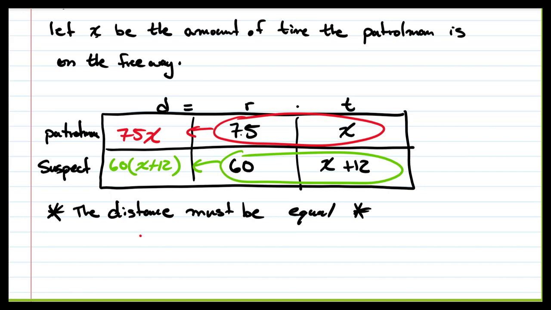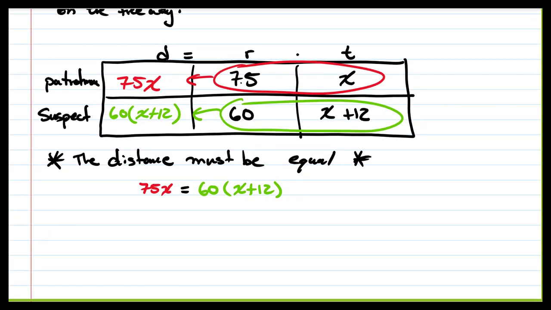So then that would give us the equation 75x is equal to 60 times x plus 12. Now we need to solve this equation for the time. Once again, we open our parentheses by distributing, and we get 75x is equal to 60x plus 60 times 12, which gives us 720.